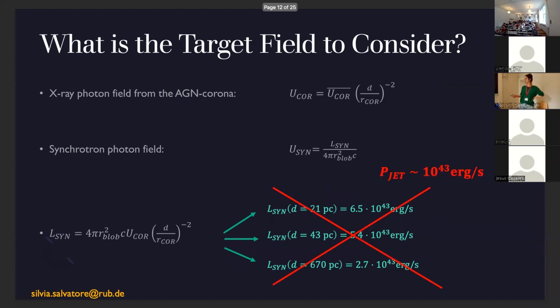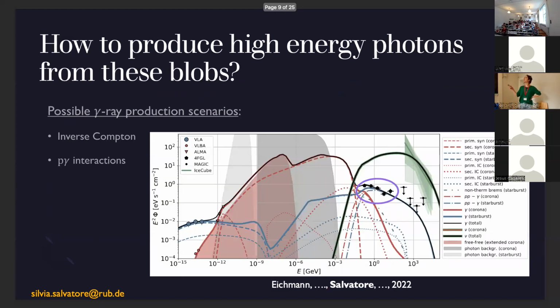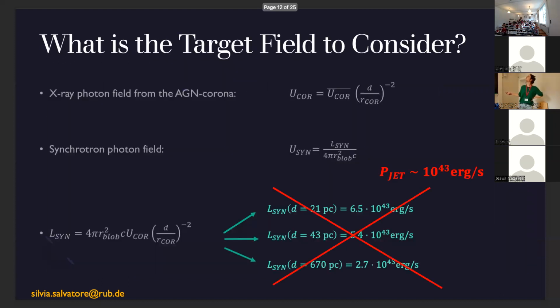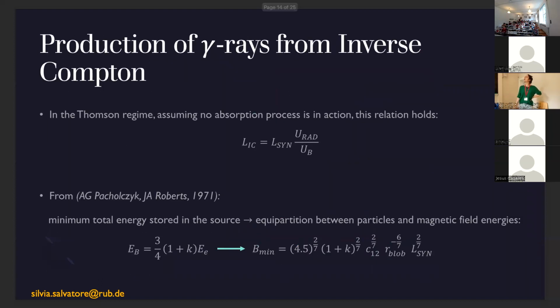We actually went through a study which showed how considering the Thomson regime would optimize the gamma ray luminosity emitted in the inverse Compton scenario.